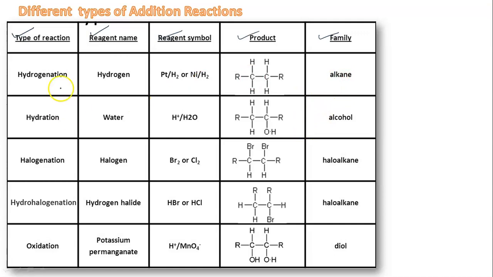The first reagent that we are using is hydrogen in presence of metal, that is metal catalyzed hydrogenation. The reagent name is hydrogen and from the reagent name the reaction name is hydrogenation. So this is our final product, right? The initial substrate is RCH double bond CHR.